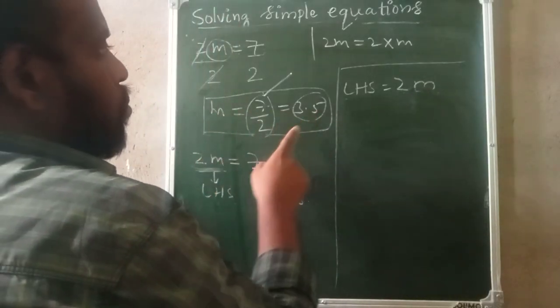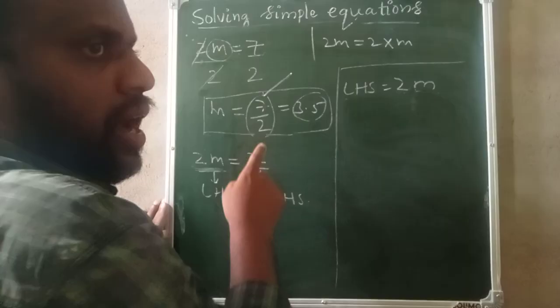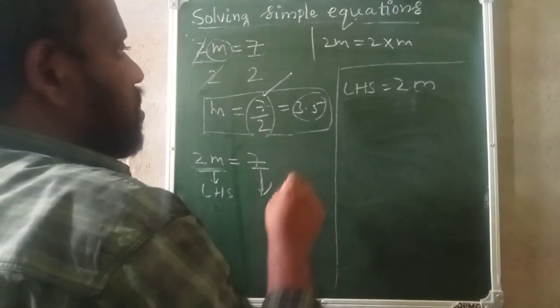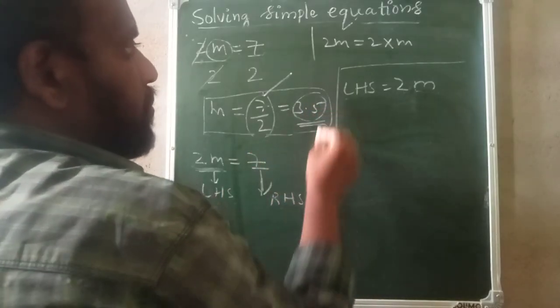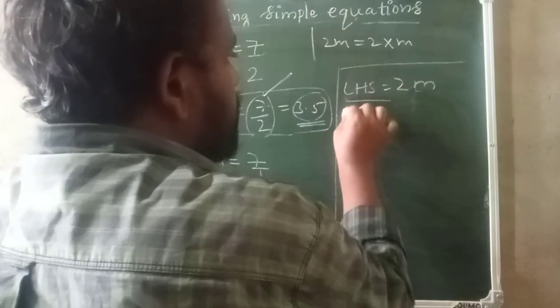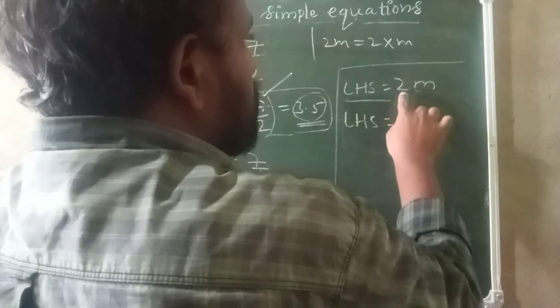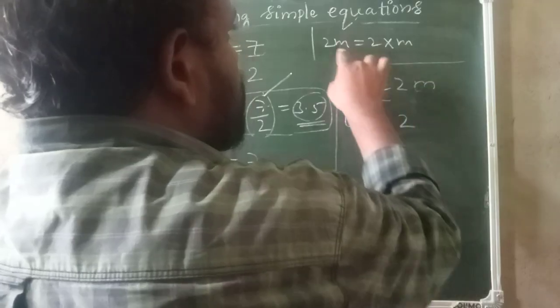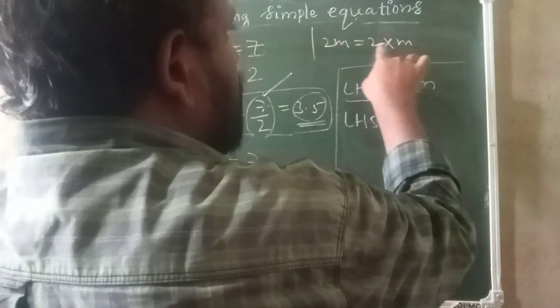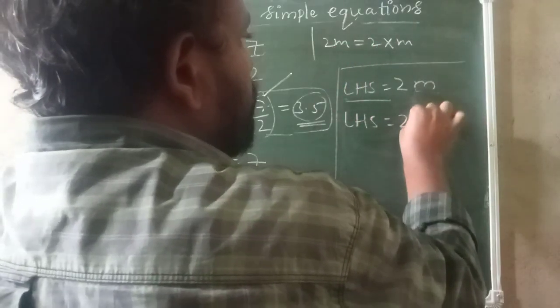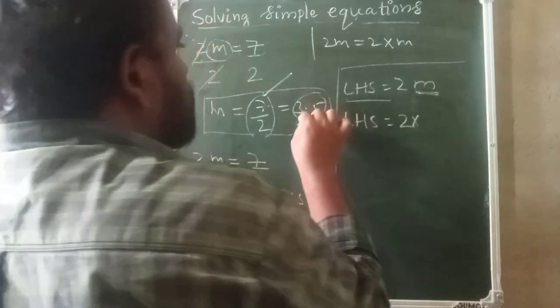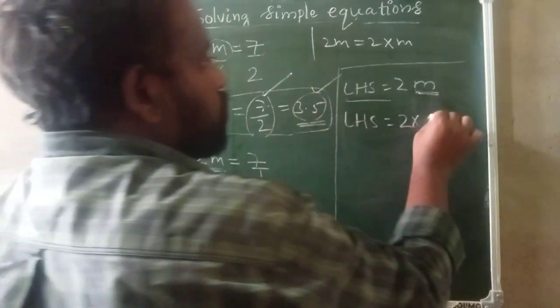Now in place of m, I will substitute this 3.5. So before that, write this LHS is equal to 2, right? After 2, into is there because 2m is equal to 2 into m. So in place of m, 3.5. This you substitute.